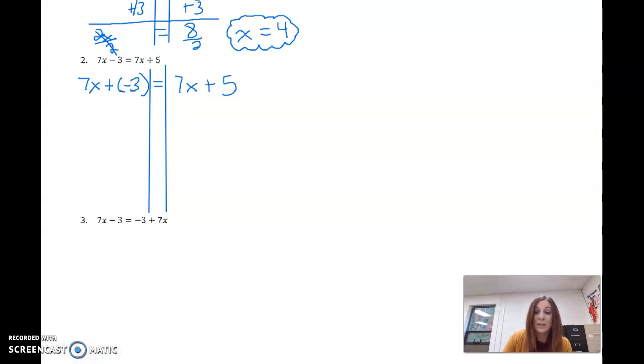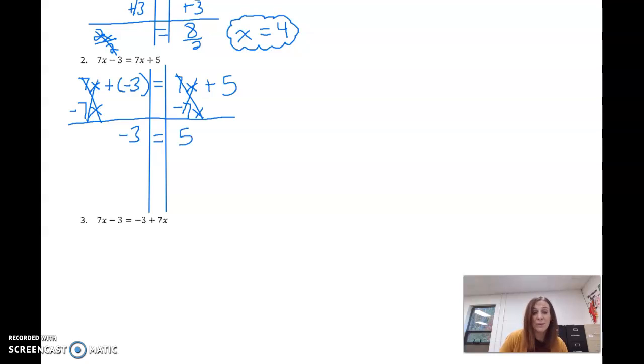Each side is simplified, so let's gather our x terms up on one side. I'm going to choose to get rid of the 7x here on the right. So I'm going to combine it with a negative 7x, or you can think of it as subtracting 7x. If I have 7x's and I take away 7x's, that's 0, cancels out. I bring down my negative 3, bring down my equal sign. On the right, if I have 7x's and take away 7x's, that cancels out, and I'm left with 5.